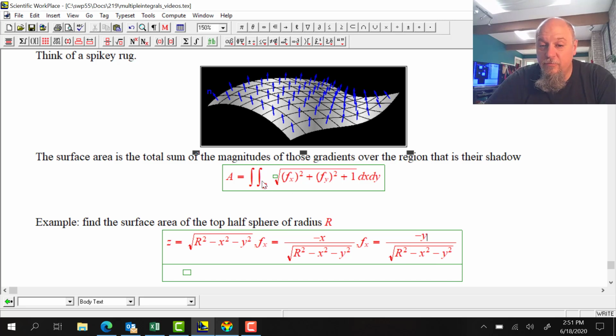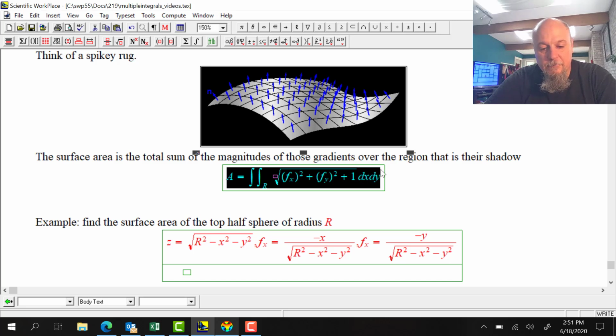And the region, the footprint that we're integrating it over, is the circle in the xy plane of radius r. So let's get our area. We'll plug into this formula then and see what we get.